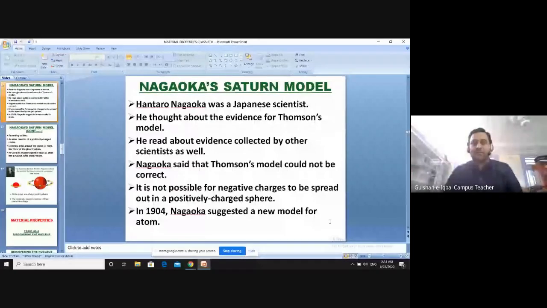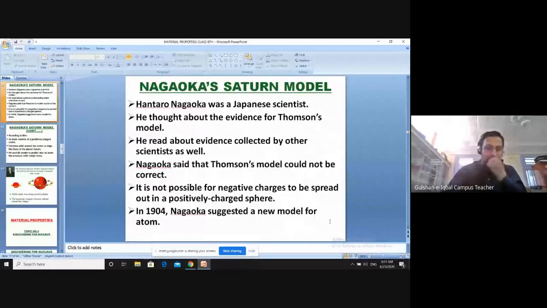Okay, it is not possible for a negatively charged particle to be spread in the positive sphere, because when positive and negative particles are placed with one another, what is going to happen? The negative particles are going to be attracted by the positive particle, and the atom can be destroyed.